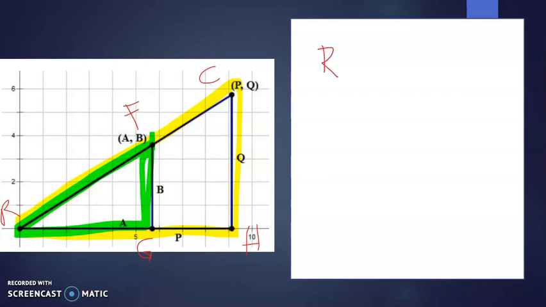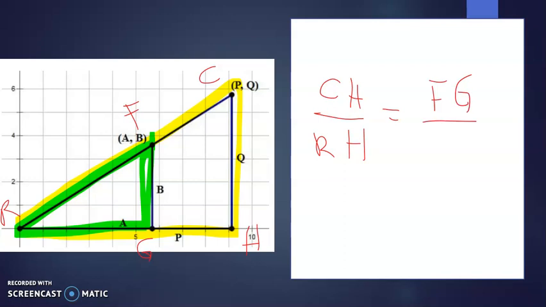So R, C, do not want to use the hypotenuse, so let's start that again. The rise of the larger one is CH. The run is RH, and that will be equivalent to the rise of the green triangle, which is FG, to the run of the green triangle, which is RG.